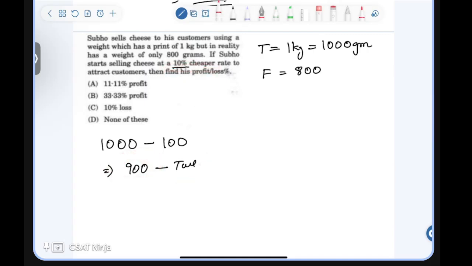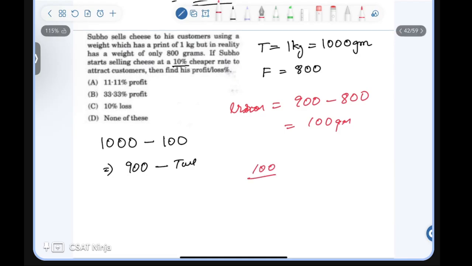So what is the error here? The true value is 900, but the shopkeeper is using 800, which means there is an error of 100 gram. There is an error of 100 gram from what? The shopkeeper is using a false weight of 800, into 100.